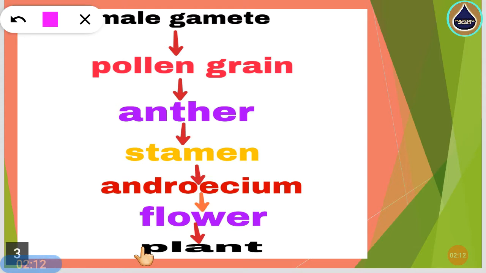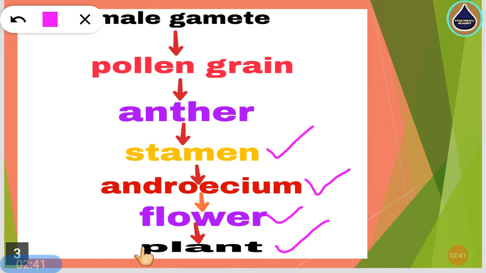So to know where the male gamete is located, we go from the bottom. The plant body is there. In the plant there is a flower. In the flower there is a male reproductive part that is called the androecium, and the single unit of the androecium is called the stamen.